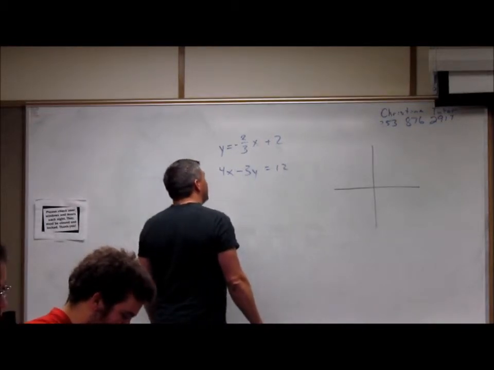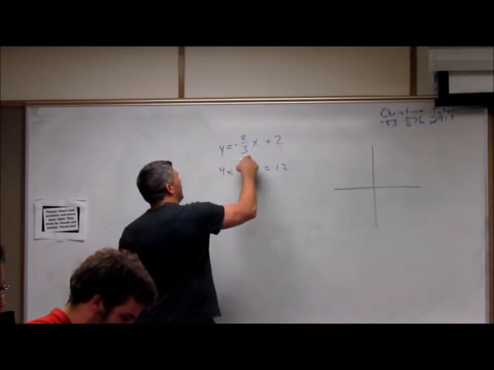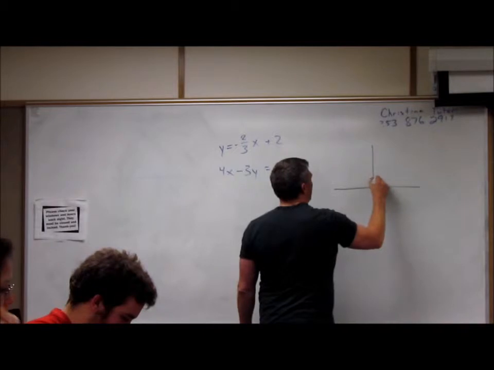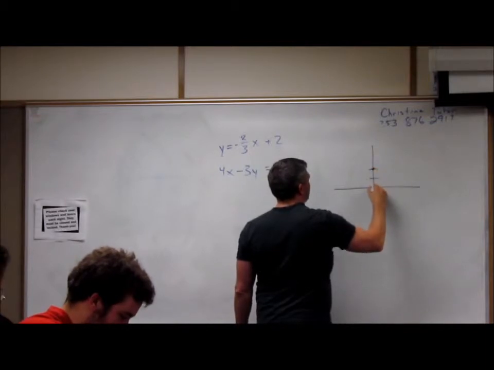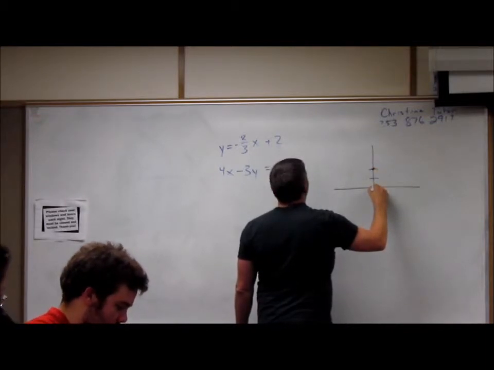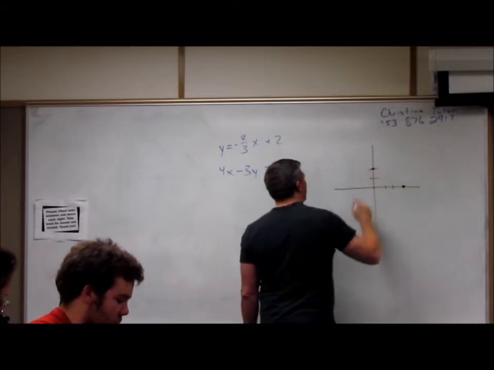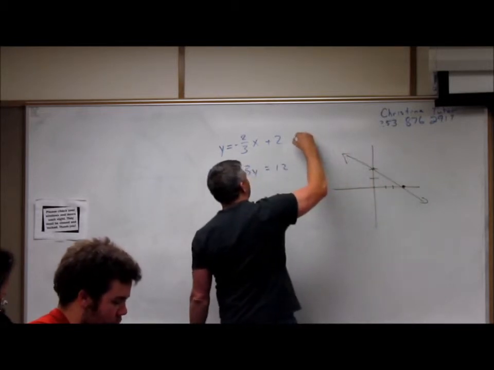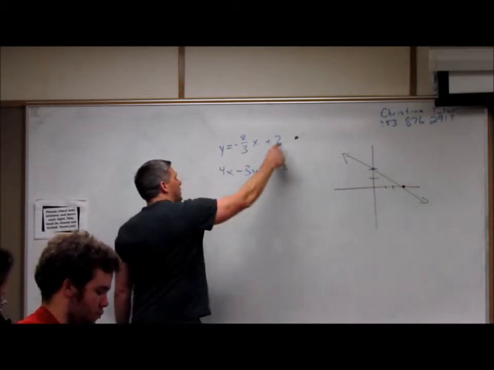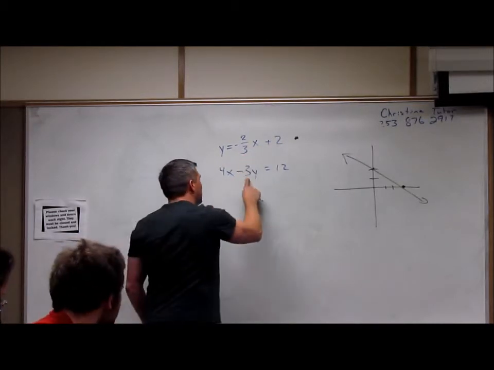Oh, fun, fun, fun. So, what am I going to do? Well, this tells me at 1, 2, and then I go down 2, 1, 2, and I go right 3, 1, 2, 3. So I'm somewhere around here, and that's my line for the first equation. Intercept. Slope.